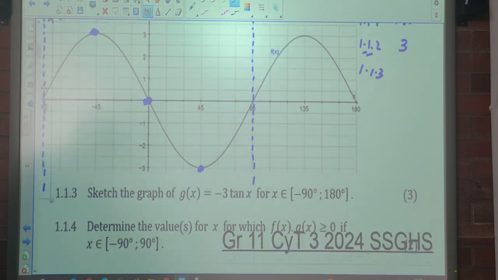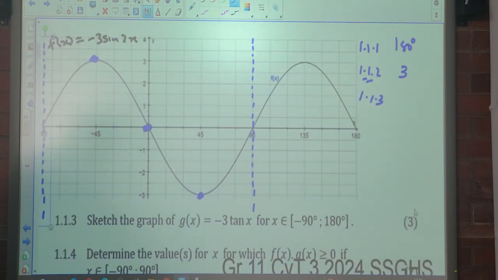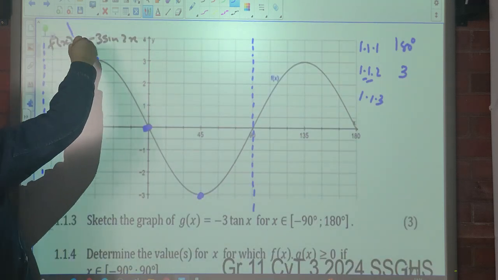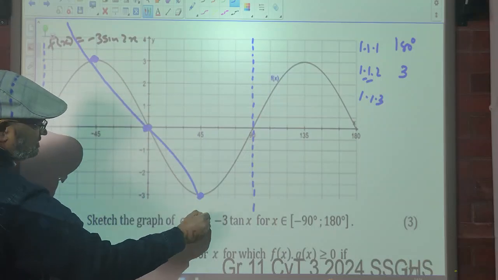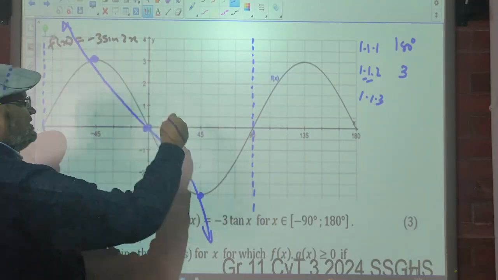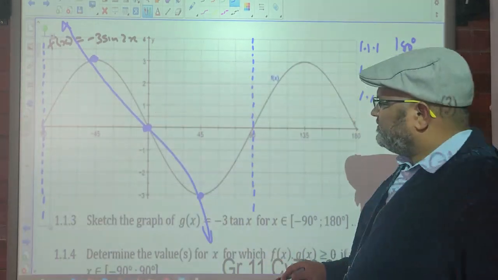This is your asymptote. You know the graph is going to come close but doesn't touch. There is the one. Now of course you must repeat the graph.